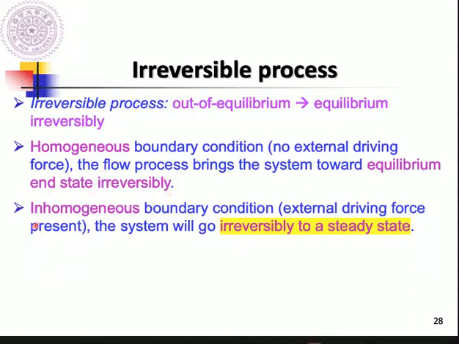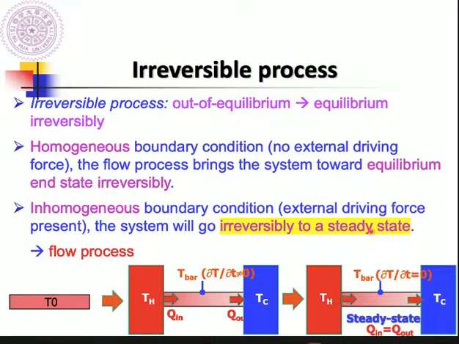And regarding the inhomogeneous boundary condition, that means you apply an external driving force in the system, so that will push the system toward steady state irreversibly. That's what we're interested in. We call it flow process. So it's not that hard to remember all the relationships here.